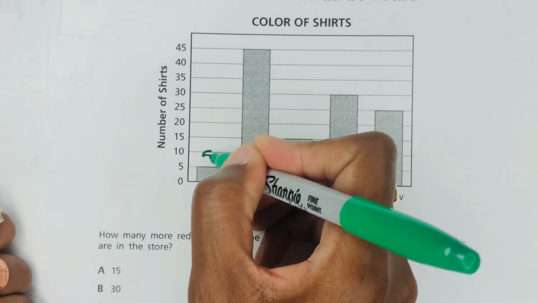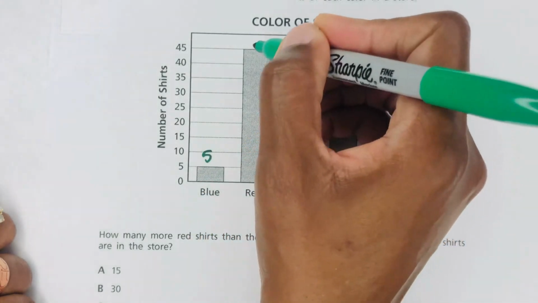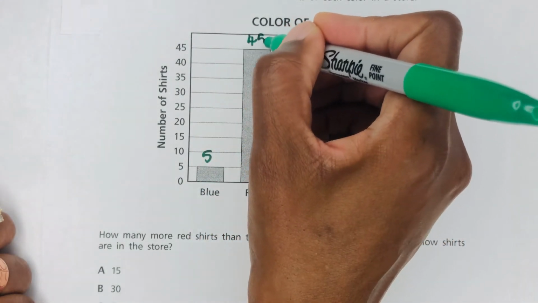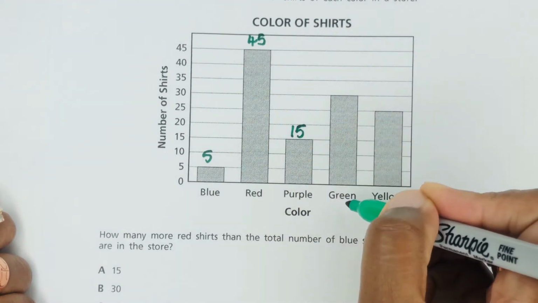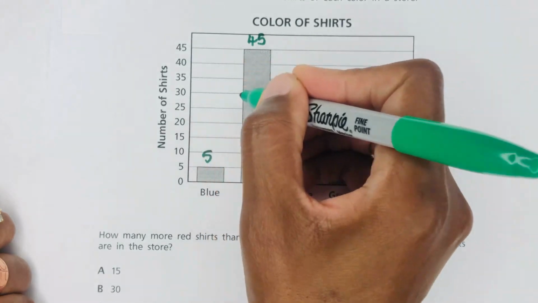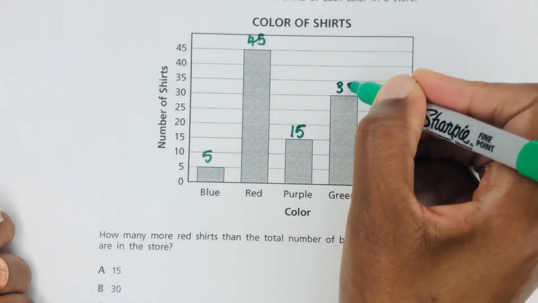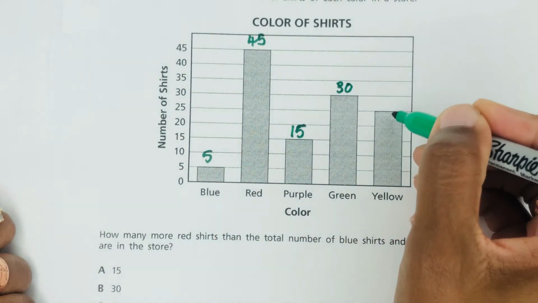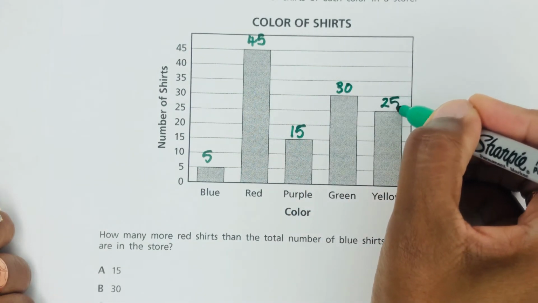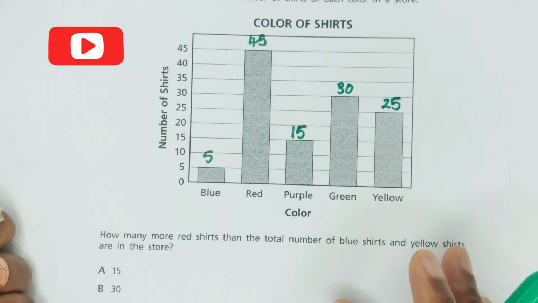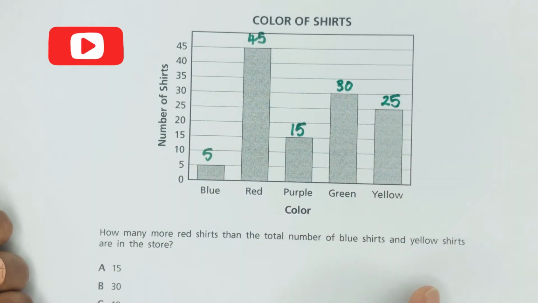So we've got a 5 for the blue, the bar for the red is going up to 45, the bar for the purple is 15, the bar for the green is capping off at 30, and the bar for the yellow stops at 25. All right, so every time you look back, they're all there for you.